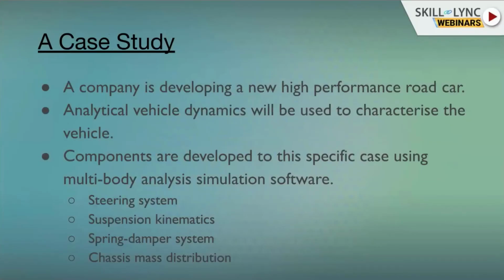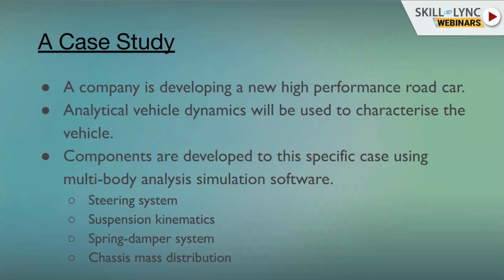So a case study. A company is developing a new high-performance road car. So the first thing that they will do here is use analytical vehicle dynamics to characterize the vehicle. So that starts with creating a mathematical model in a software such as MSC Adams or MATLAB.